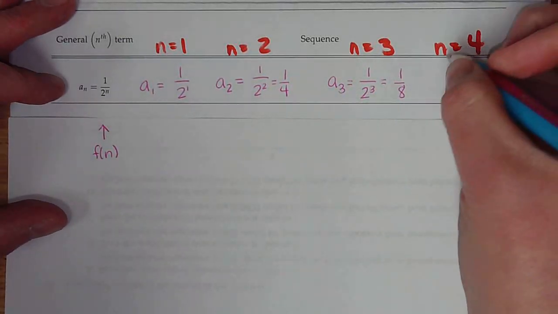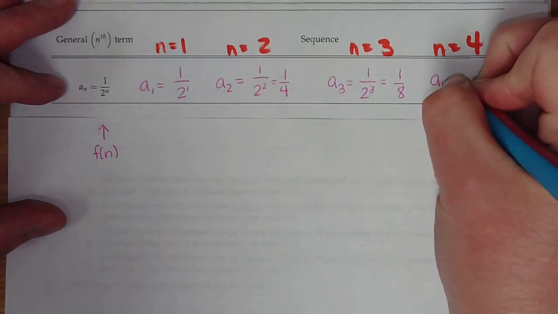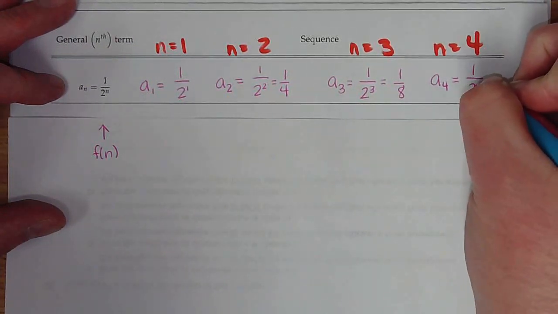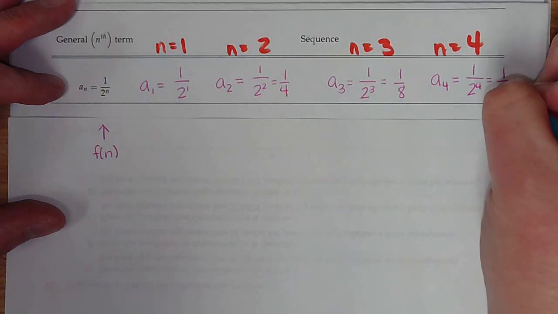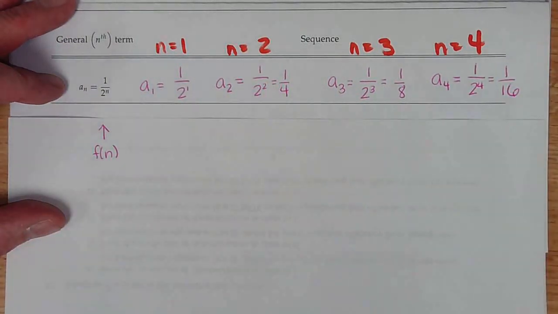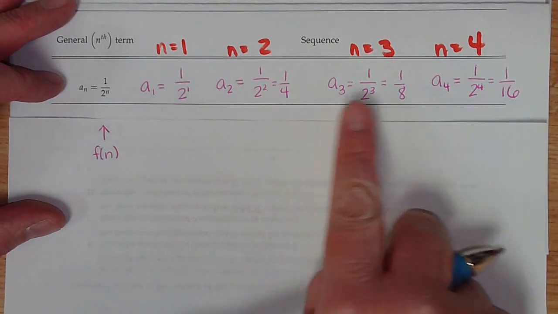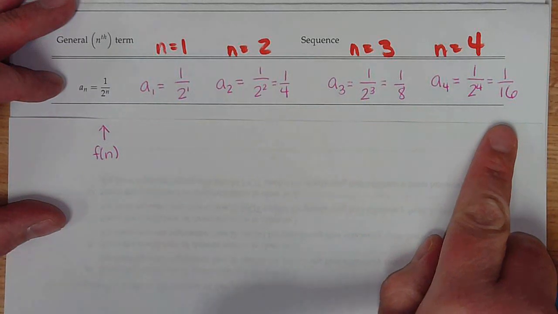And when n is 4, I get a4, so my fourth term is 1 over 2 to the fourth, or 1/16. Okay, so for this sequence, our first four terms are 1/2, a fourth, an eighth, and then a 16th.